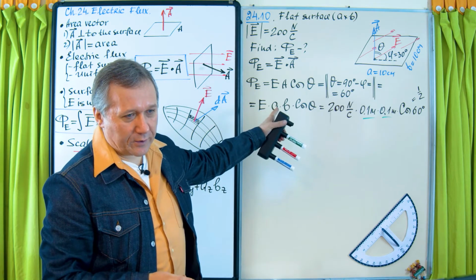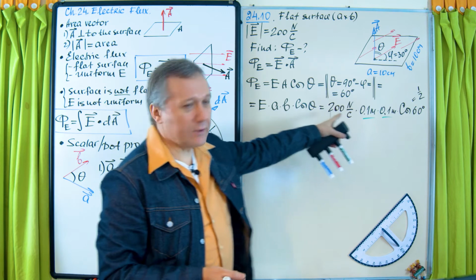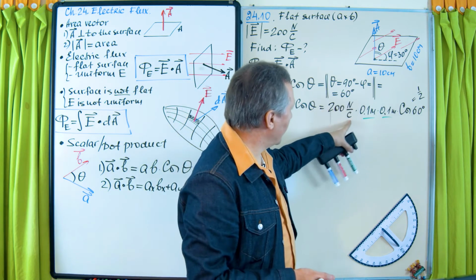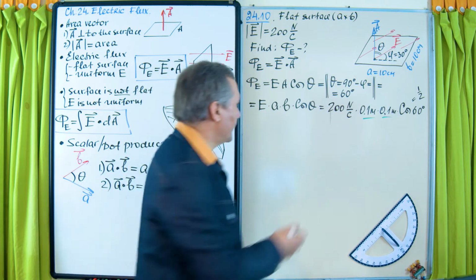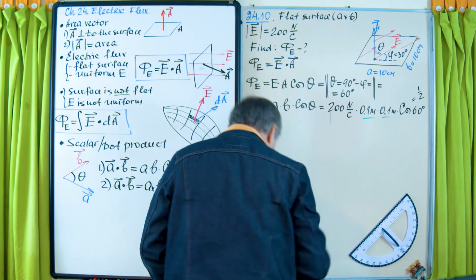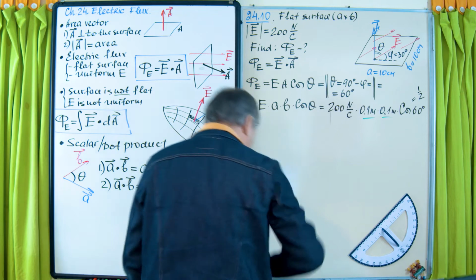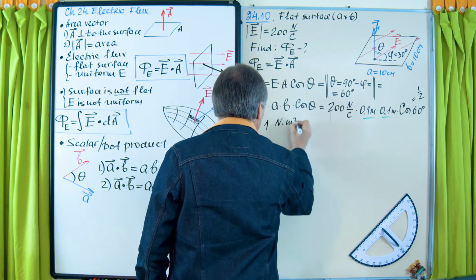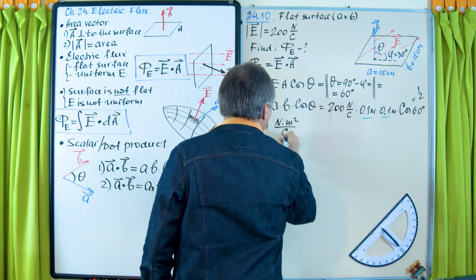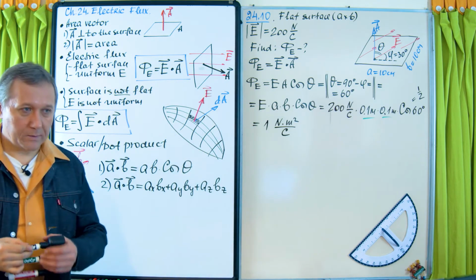There are no special units for the electric flux, just whatever you see in the formula: newtons divided by coulombs times meters to the power of 2. Let me check that the number is correct. So 1 newton times meters squared divided by coulomb.